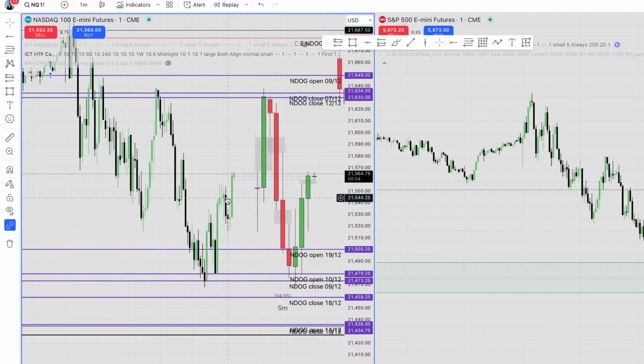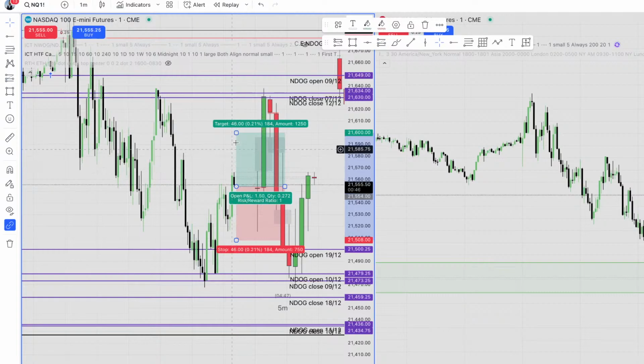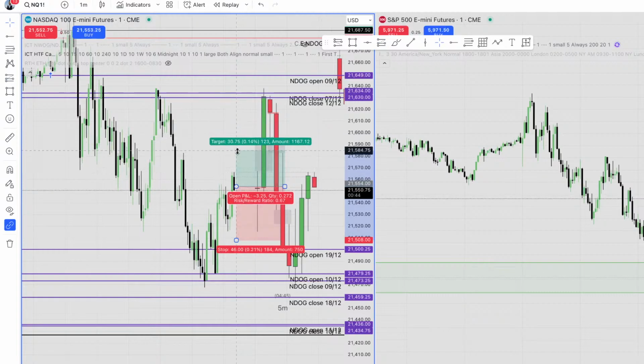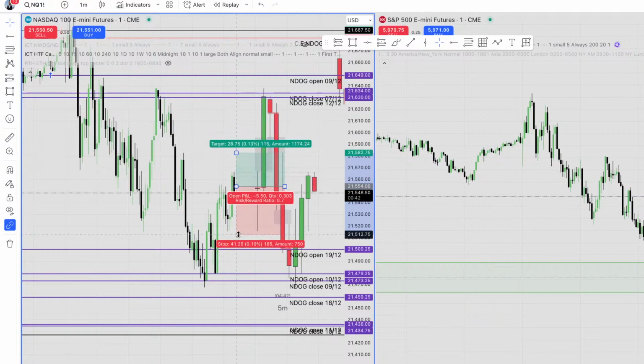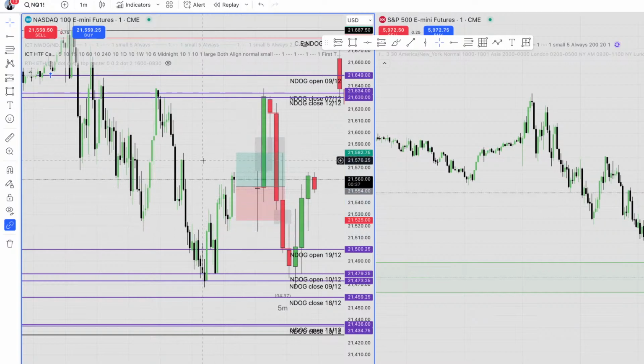A lot of people will also use this now to go long, and it's not a bad idea, especially to target here, for example. But it's not worth it. It's too much. 29 points.